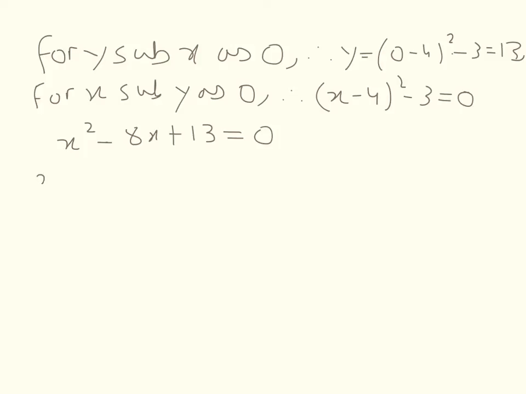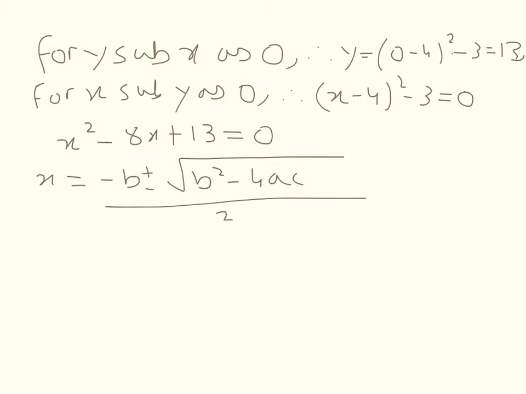So the quadratic formula is x is equal to minus b plus minus the square root of b squared take away 4ac over 2a. And what this leaves me with is, when I substitute it, I have minus 8, plus or minus again.